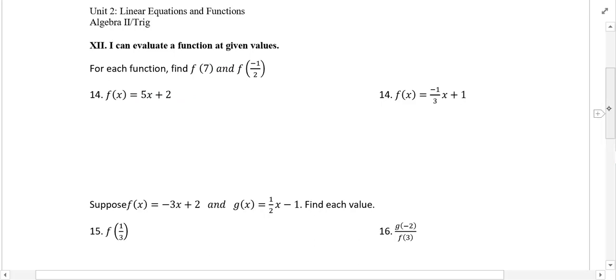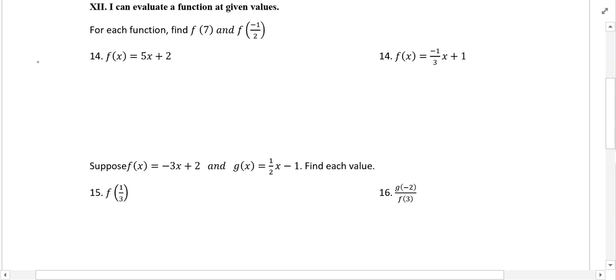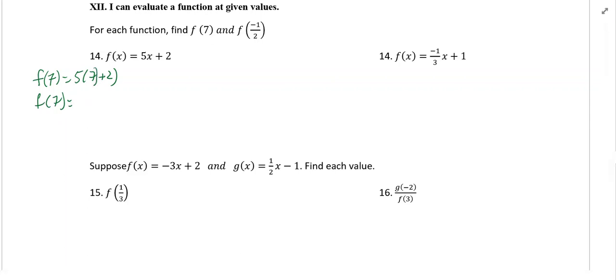So first I'm going to start with f of 7. So over here I'm going to plug in f of 7 equals 5 times 7 plus 2. Oops, I'm sorry, this is 5 times 7 plus 2. There shouldn't be parentheses around them.